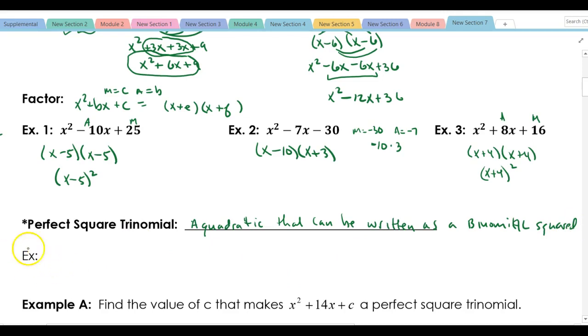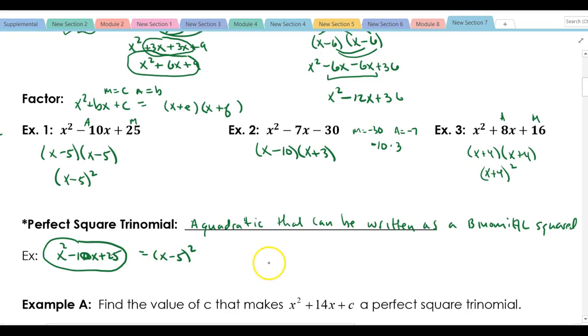For instance, something like x squared minus 10x plus 25, we said that's equivalent to x minus 5 all squared, which means this is a perfect square trinomial.